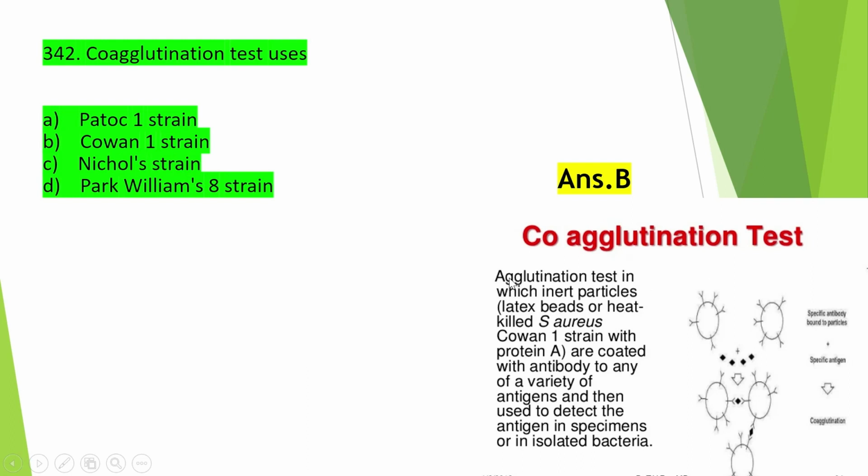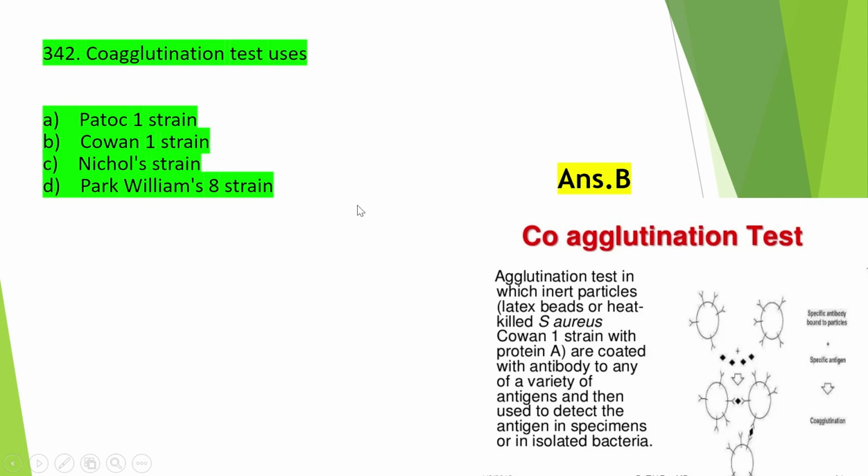So this is one type of agglutination test in which inert particles like latex bead or heat killed Staphylococcus aureus or Cowan 1 strain with protein A, that type of inert particles are coated with antibody to any of a variety of antigens and then used to detect the antigen in specimens or in isolated bacteria. So, okay, so this is one type of agglutination test.